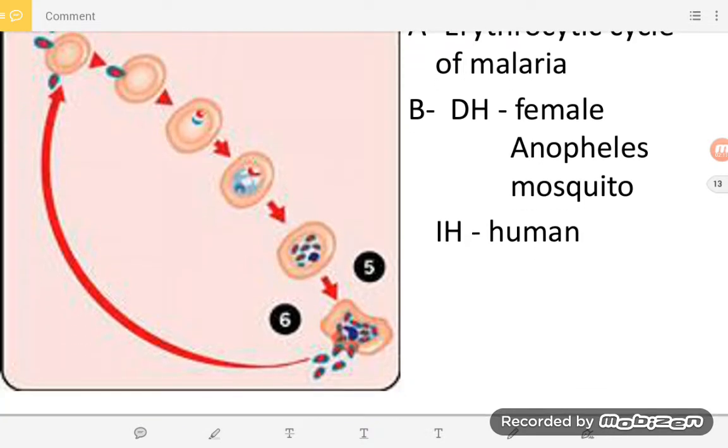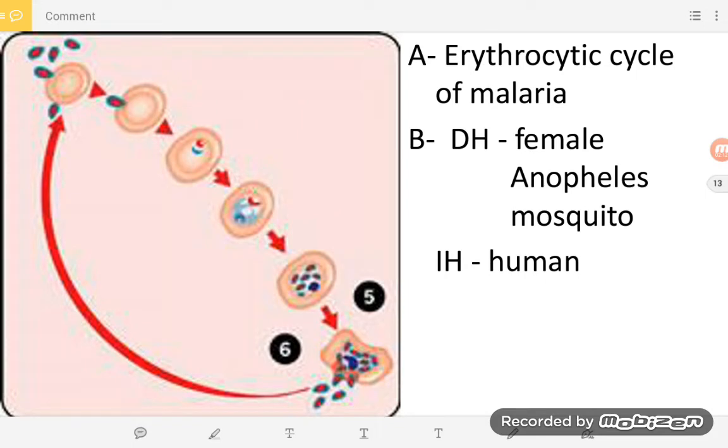Right after infection, inside the RBC, there are some morphological changes. These round shaped merozoites enter into the red cell. It becomes a ring stage, then an amoeboid form, then a schizont form.